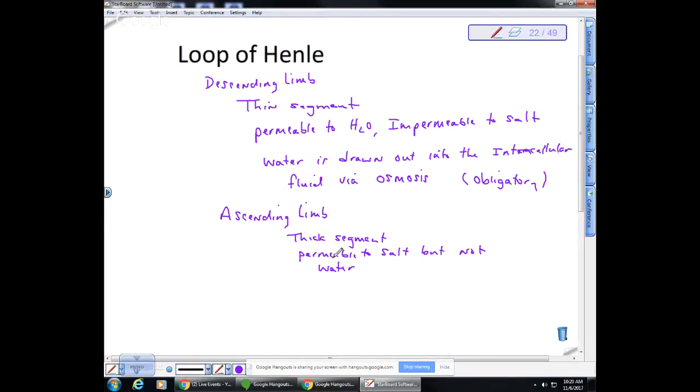So in that segment, salt is going to move out because it moves from a higher concentration to a lower concentration.